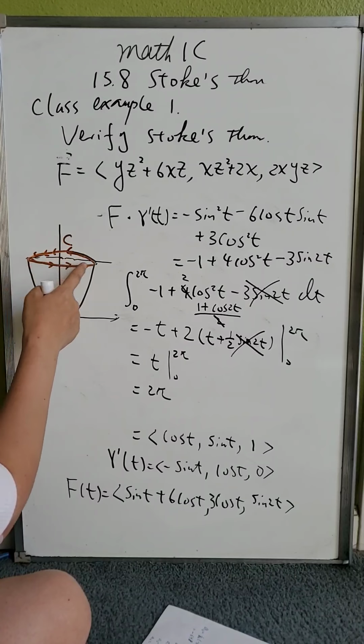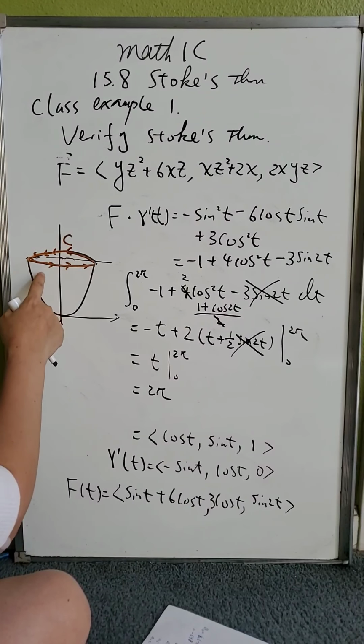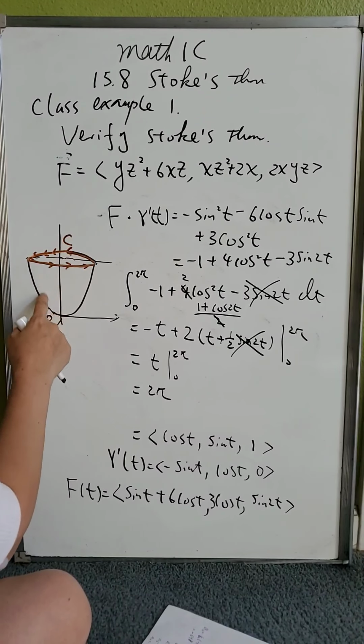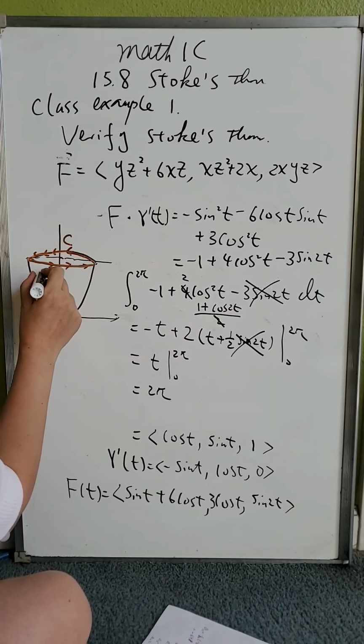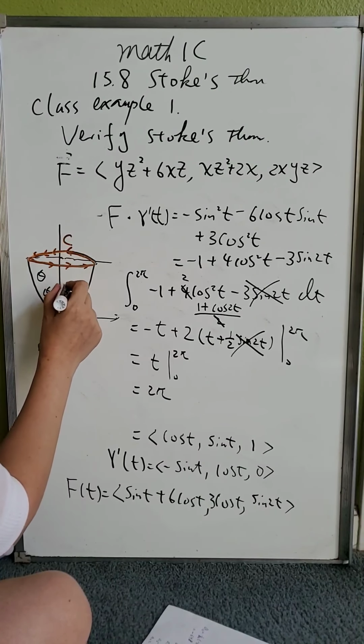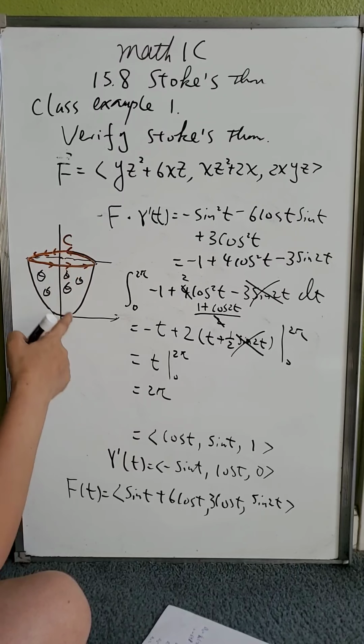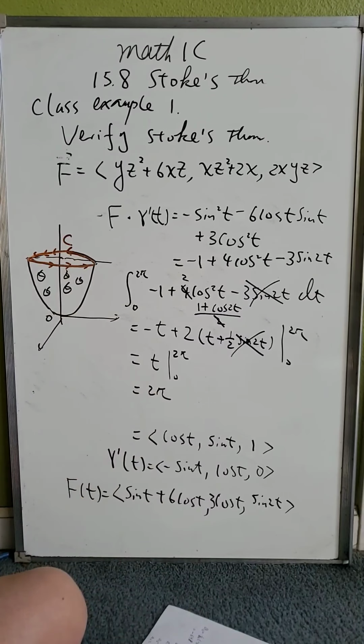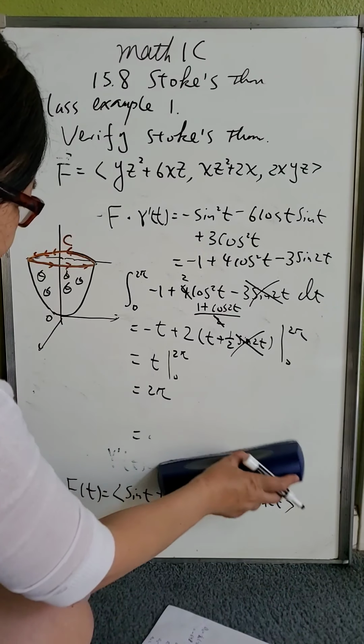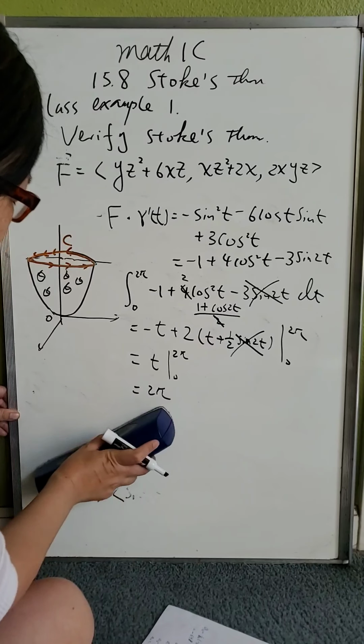Circulation around the boundary is the same as circulation inside on the surface. So this is the surface here. This is the circulation. So now we did the one on the boundary. Now I'm going to do the one on this little circulation. Since they also get 2 pi, so I get the left side of it. So the answer is equal to 2 pi.